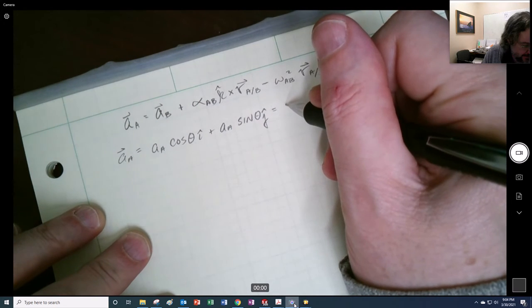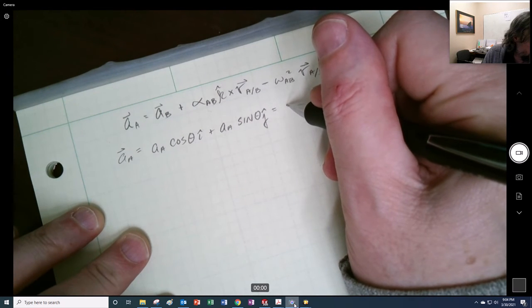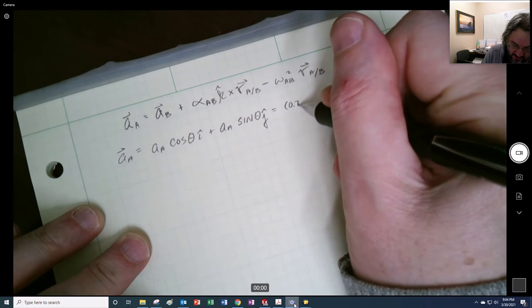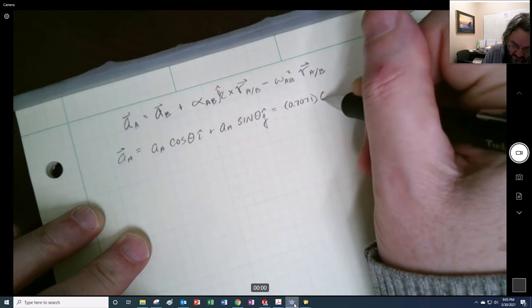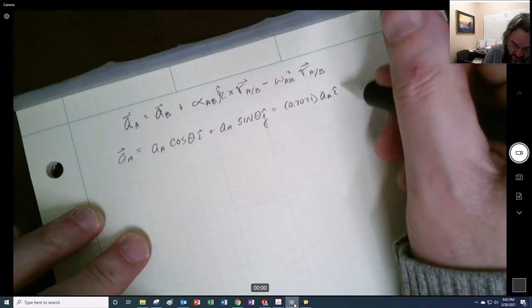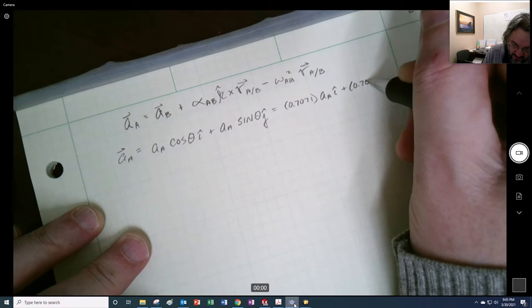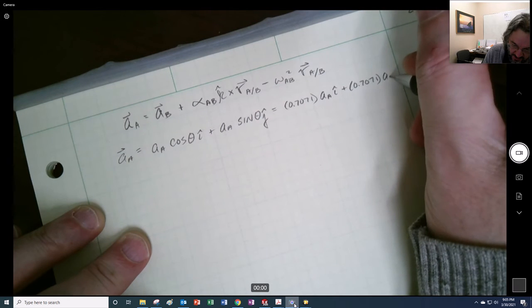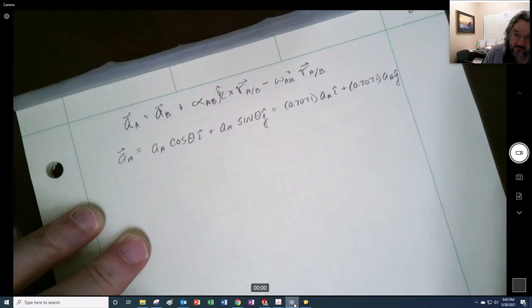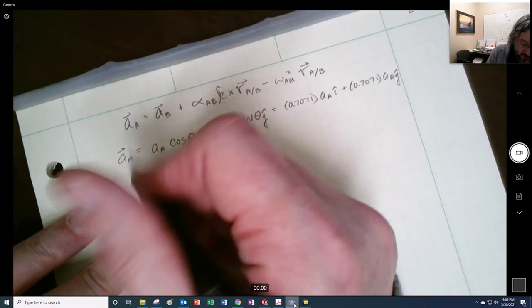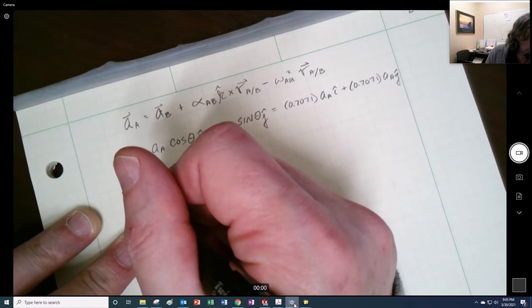So once again, which order did I put this in? No, I want 0.7071 acceleration of A i plus 0.7071 acceleration of A j. Also, okay, no, we already wrote what the acceleration of B was going to be.